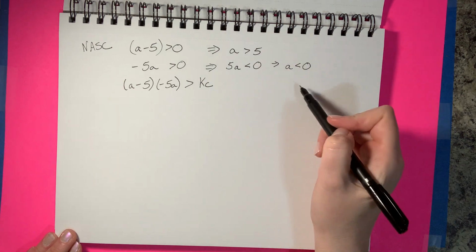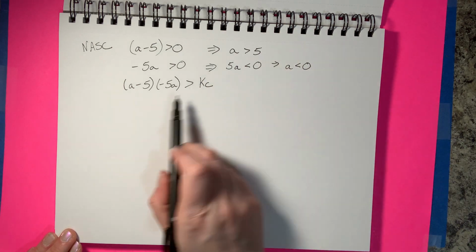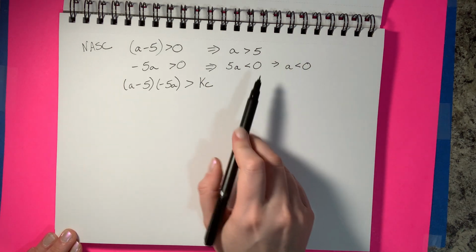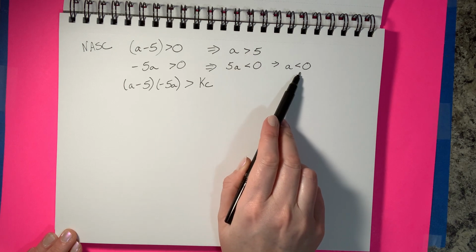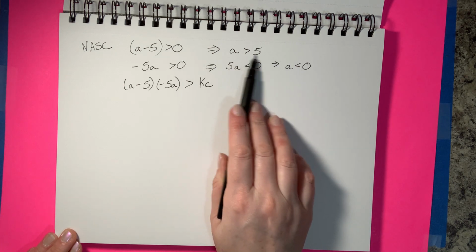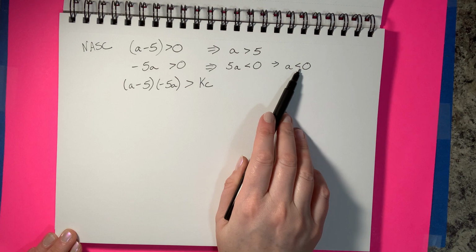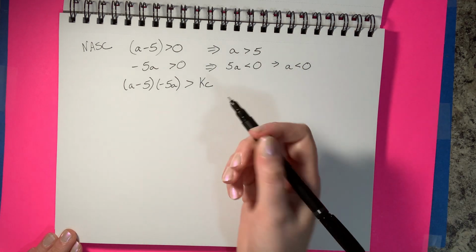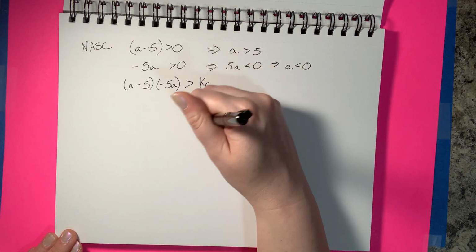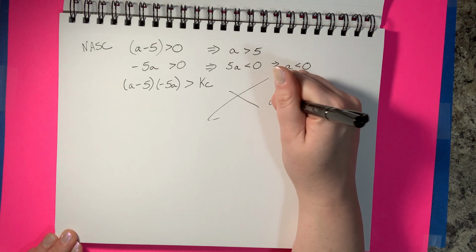So we don't really even have to evaluate this third one. These two conflict. There's really not a way that we can satisfy both of these. So that means that this design doesn't work.